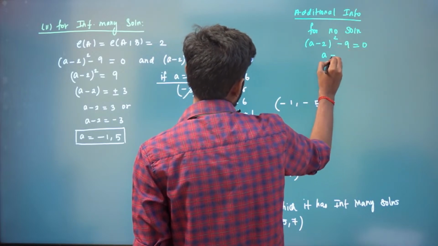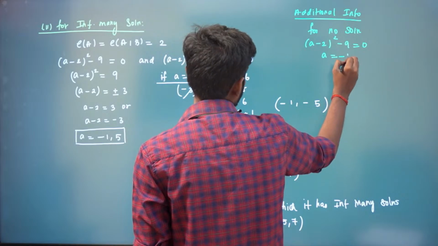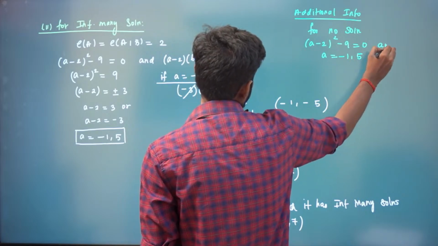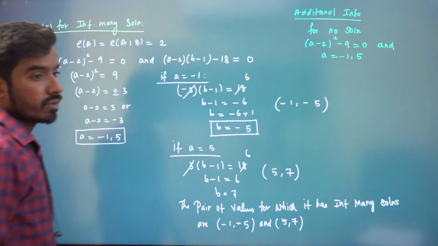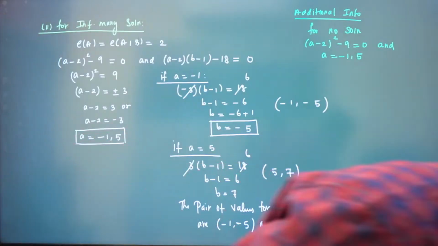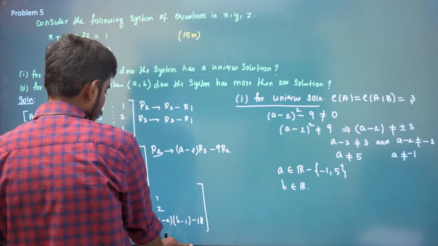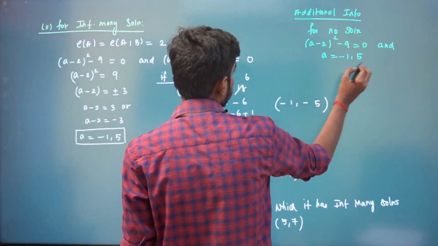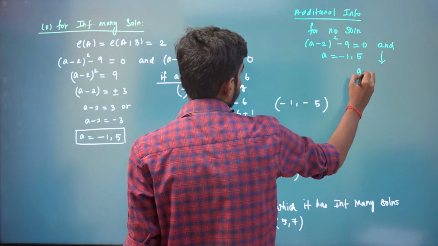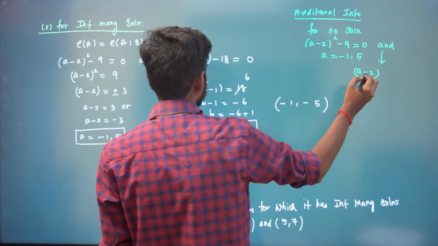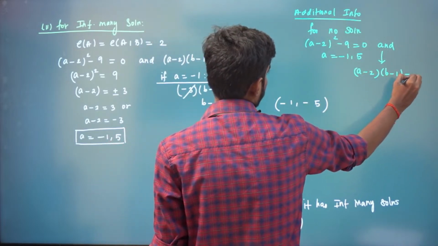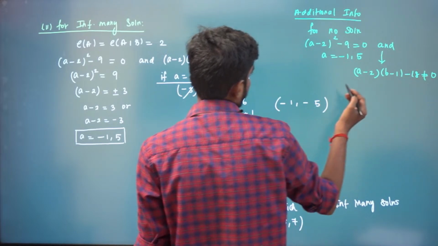This will be 0 when A is minus 1 comma 5. Is this color visible? And this should not be 0, that is (A minus 2)(B minus 1) minus 18 should not be 0.